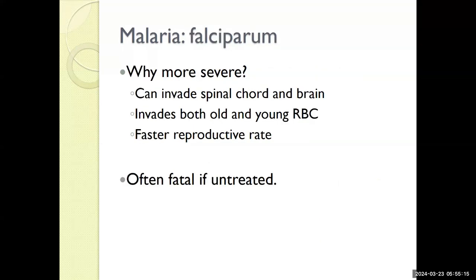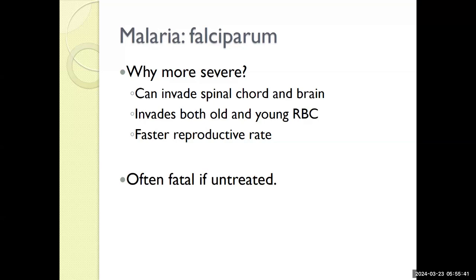Why is it that one species, Plasmodium falciparum, is able to account for 99.9% of all malaria deaths? What makes that particular species so much more severe than its 4 other competitors? Well, for one, it's the only species that can invade the spinal cord and brain, and thereby, if it reproduces there, cause massive tissue damage.